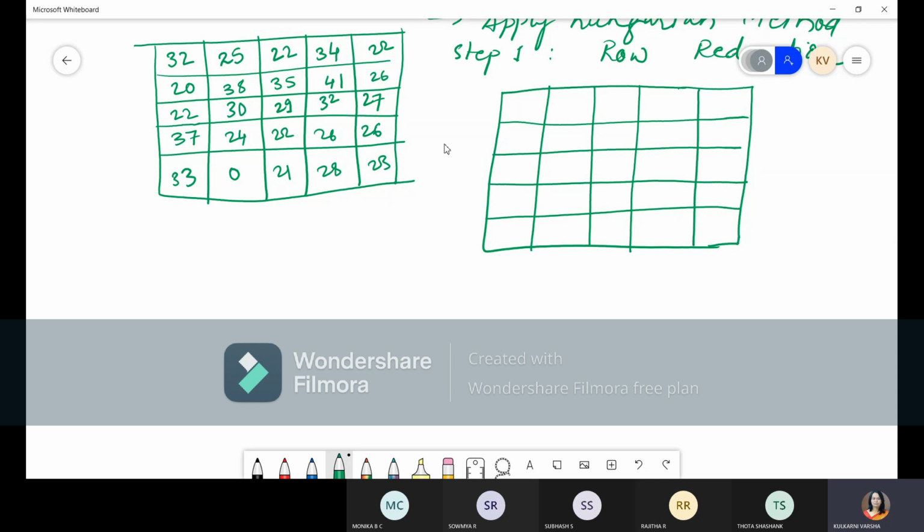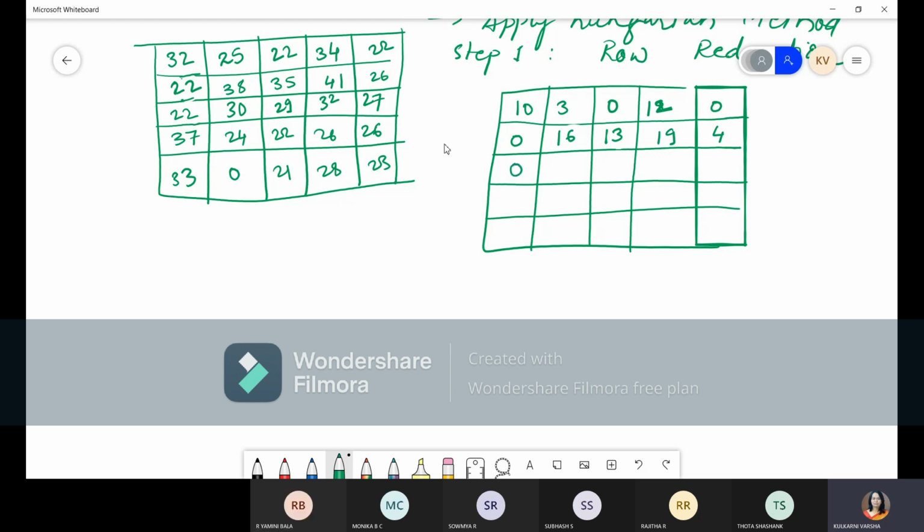So now in this, which is the minimum value? 22 is the minimum value, right? So if we subtract this 22 from the other values of the same row, it will be 10. Then this is 3. This is again 0. This is 0. This is 12. And this is again 0. This is 4. Okay, now next, in this also 22 is lowest one.